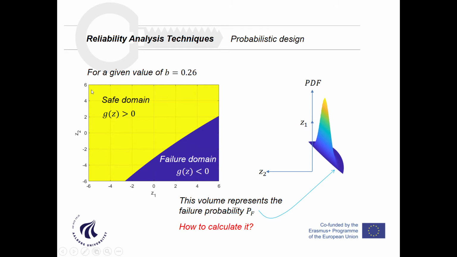So if we plot, for example, for a given value of P equal to 0.26, which was satisfying 10 to the minus 4 as a failure probability, if we plot it into an xy axis, we can see that the safe domain is when g of z is larger than 0, given here in yellow, and our failure domain will be this in blue.